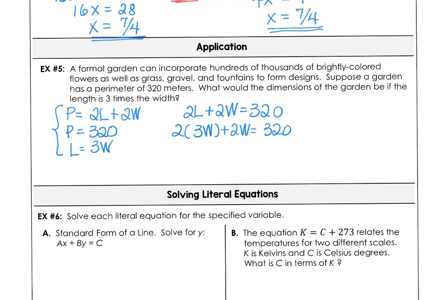So 6W and 2W, that's 8W, is 320. So W must be 40, and the units were in meters.